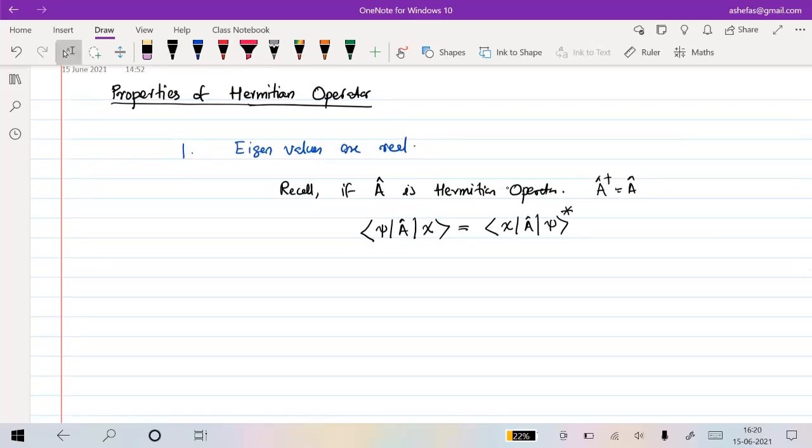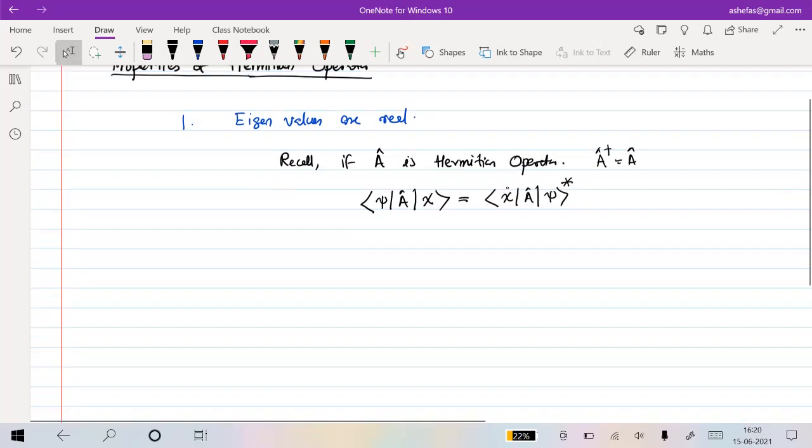So this is the definition of a Hermitian operator. Now with this definition, we can show that the eigenvalues of Hermitian operators are real quantities. Let us suppose A is a Hermitian operator.